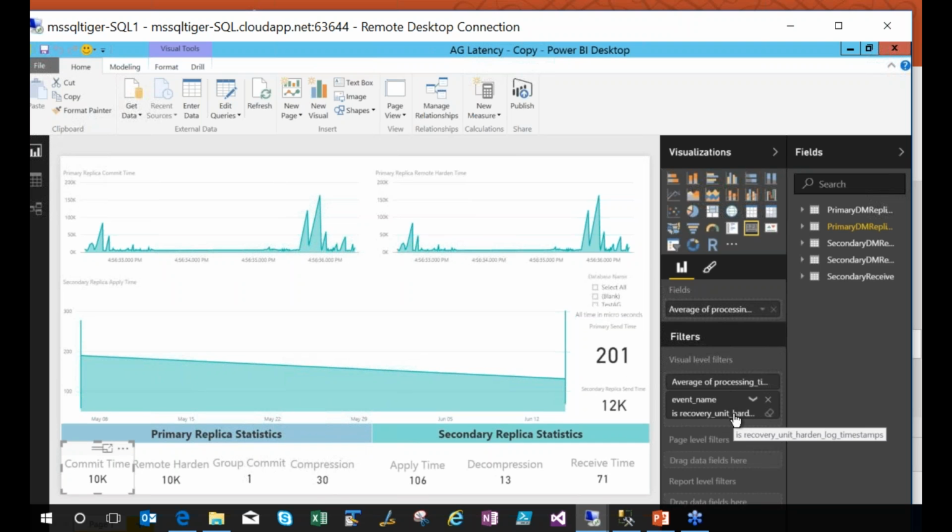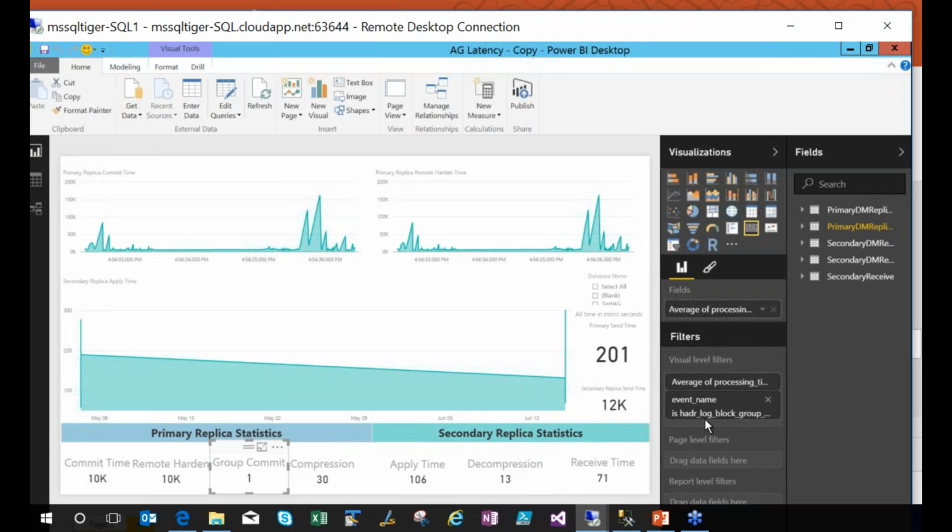The commit time is configured using recovery_unit_harden_log_timestamp. So it tells me how much time it takes to harden the log records. The remote harden is hadr_db_commit_mgr_harden. That tells me how long it took to harden on the secondary.